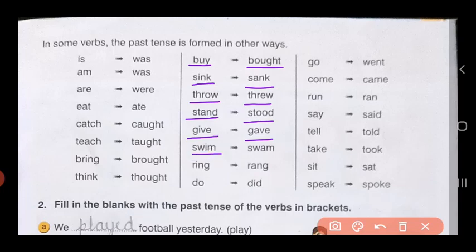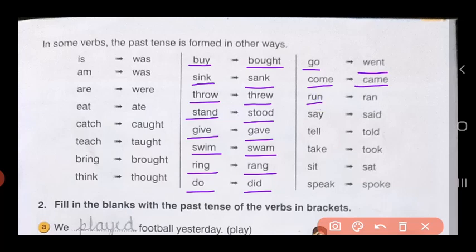Swim, past tense is swam. Ring, past tense is rang. Do, past tense is did. Go, past tense is went. Come, the past tense will be came.